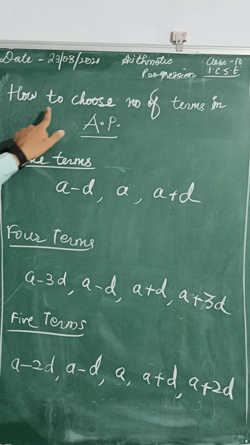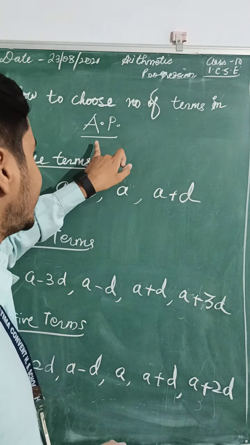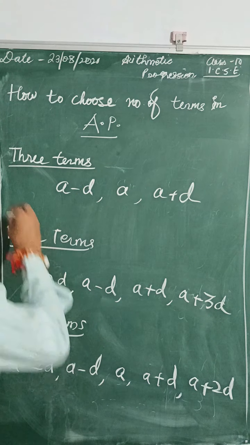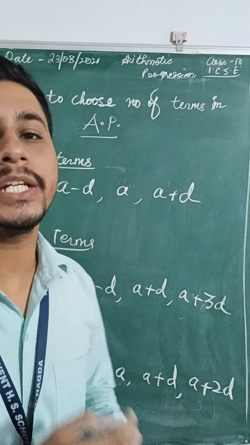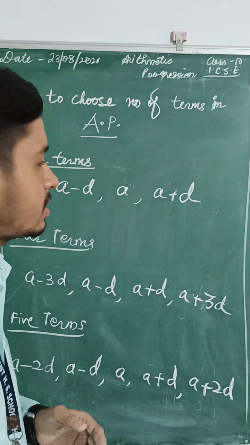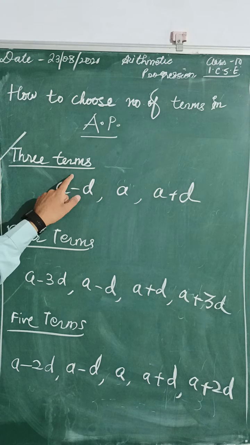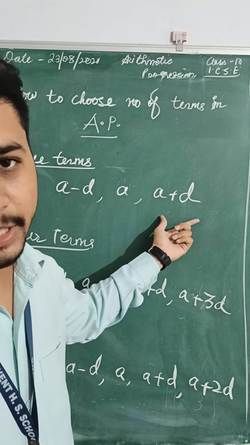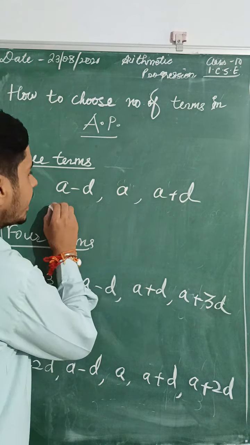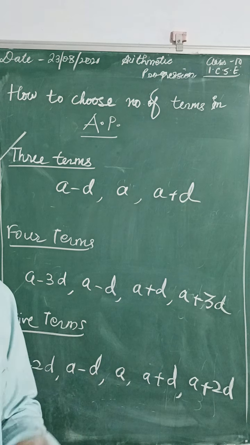So how to choose the number of terms in an AP? If you are asked about 3 terms, for example the sum of 3 terms in the AP is such and such, then always consider the 3 terms as a minus d, a, a plus d. And how are we considering these 3 terms?